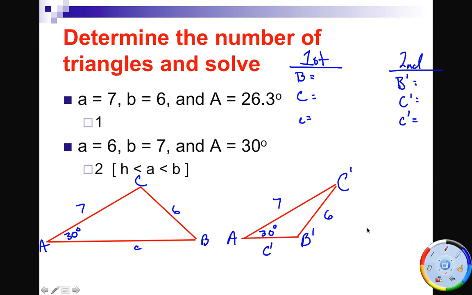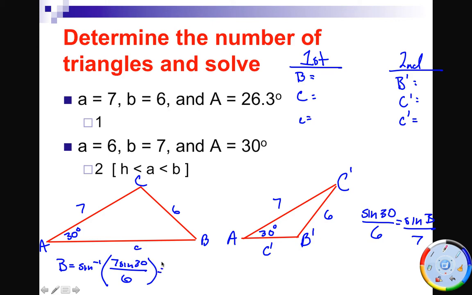For this first triangle, I have the sine of 30 over 6 is equal to the sine of big B over 7. I drew that wrongly there. I solve for big B. Solving this is something you should be able to do by now: big B is the sine inverse of 7 sine 30 over 6.